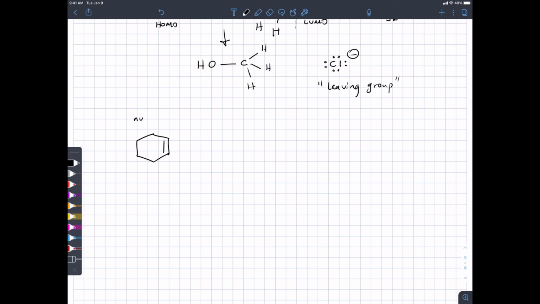I'm going to tell you that this molecule is a nucleophile. I'm going to tell you that this molecule is, for the 30 seconds, the HCl is the electrophile. So you're going to want to identify what the HOMO is here, what the LUMO is there, and then I want you to predict what happens and draw the products. When you do that, I'll give you a hint, you're going to generate two products which themselves could react with each other to generate a new product.